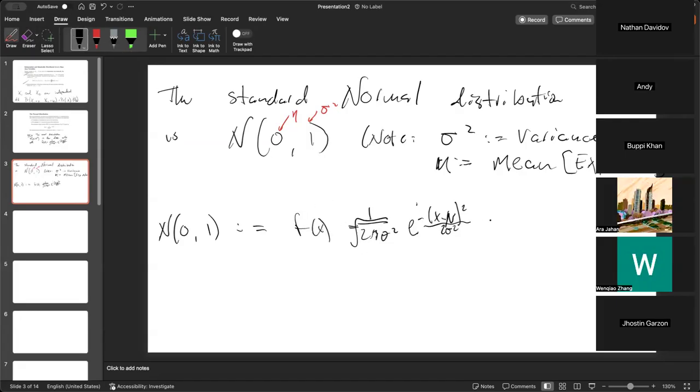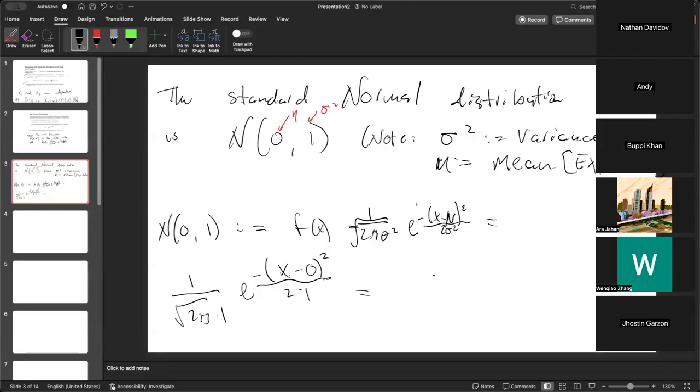Okay, so this is going to be equal to, in this case, 1 over the square root of 2 pi times 1, e to the minus (x minus 0) squared all over 2 times 1.